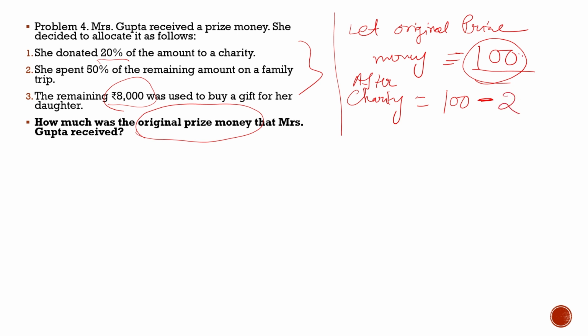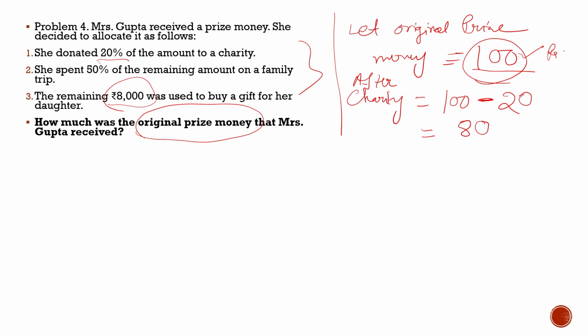So she is left with 80 rupees now. Okay, so we have assumed she received 100 rupees as the original prize money. Now after charity, she is left with 80 rupees.